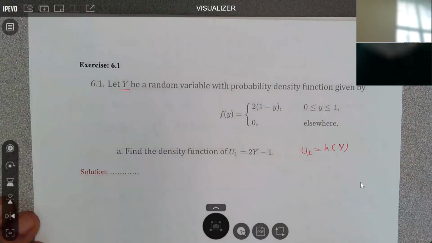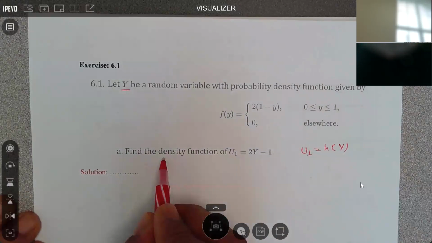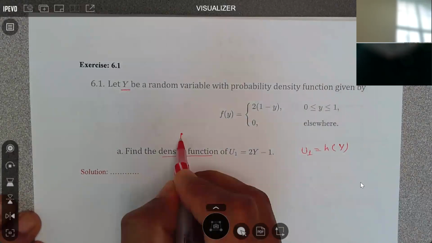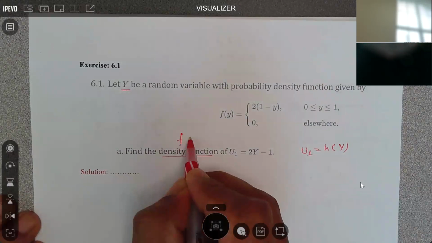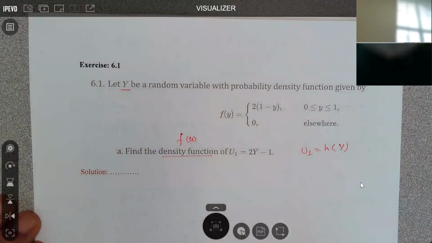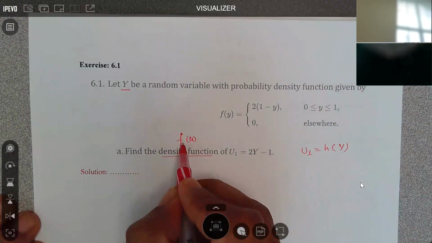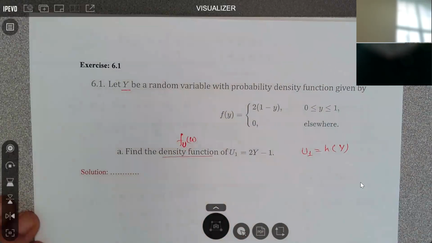We want to find the density function f_U(u), and we write the subscript U to show that it is the density function for the random variable U.